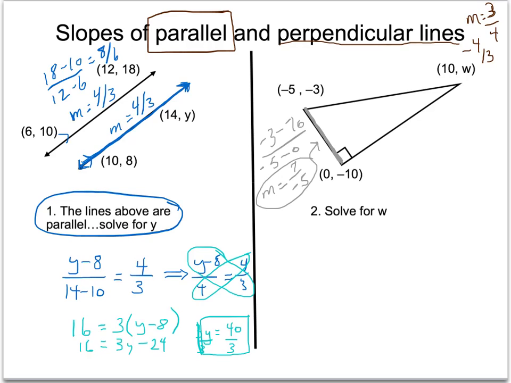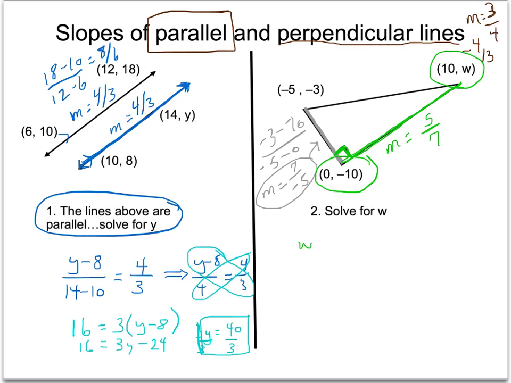Now, here's where people got lost and did not know what to do. But this little box here, this 90-degree angle, is the key. That shows perpendicularity. I know for a fact that the slope of this green line is going to be the opposite reciprocal of -7/5. So it's going to be a positive 5/7. Again, we go from negative slope to positive slope. We have the reciprocal of 7/5, which is 5/7. So at this point, I can set up an equation using the two ordered pairs 10, w and 0, -10 to solve for w.